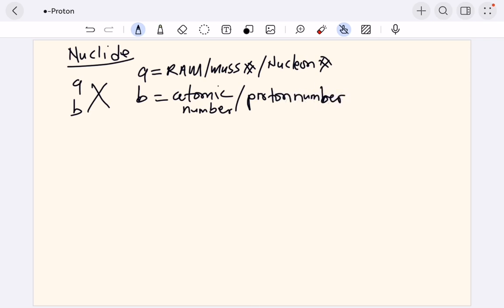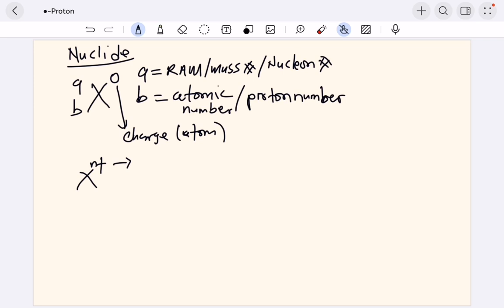Then if you're dealing with an atom, you see a zero here. So there, the zero represents the charge. If you see a zero, it means that you are dealing with an atom. Then in a case where you see a positive, obviously there's a number which represents a valence number.